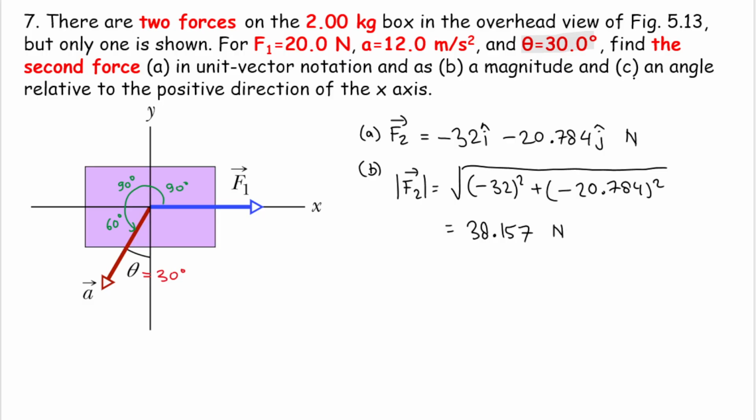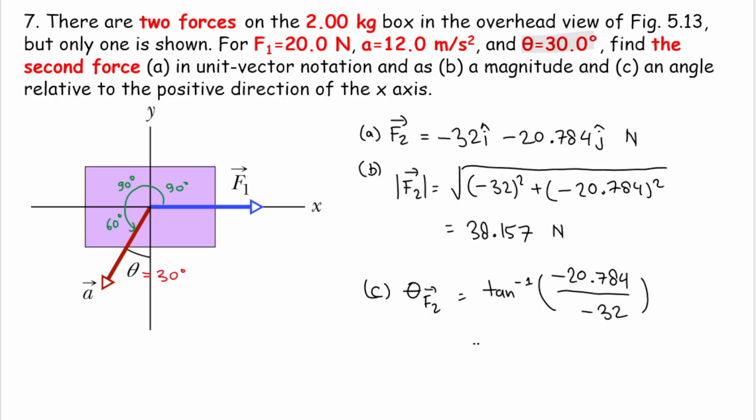Okay, and then the angle relative to the positive direction. So I will have the angle of F2 here, that will be the inverse tangent of the y direction. So we'll have minus 20.784 here, and then divided by the x direction, I will have minus 32.